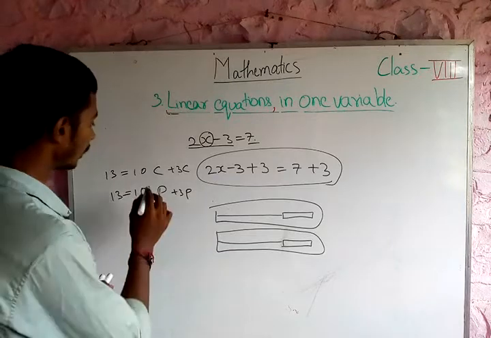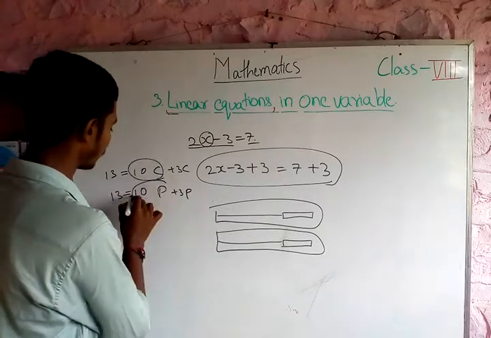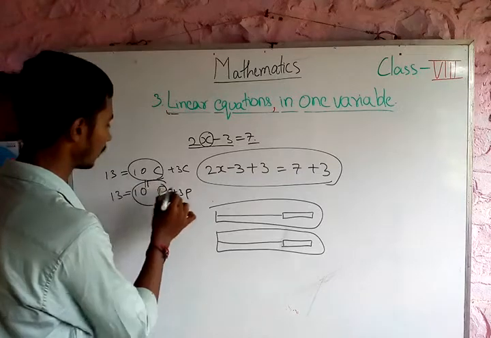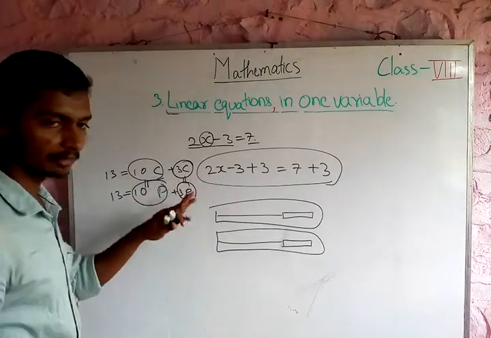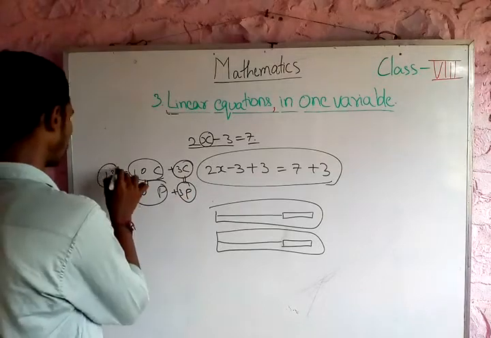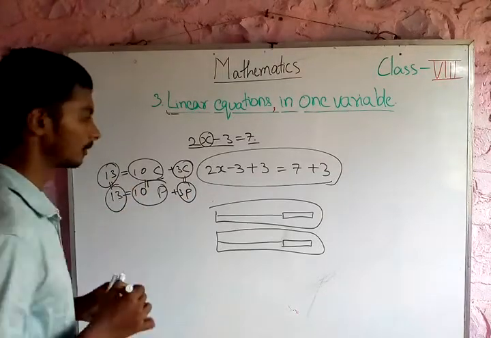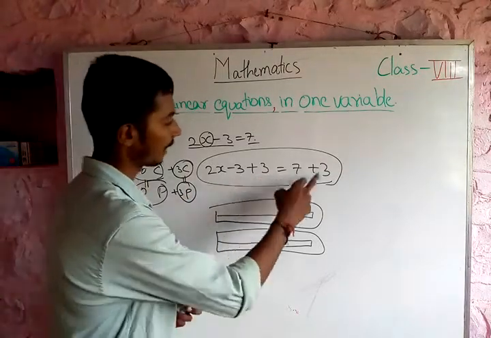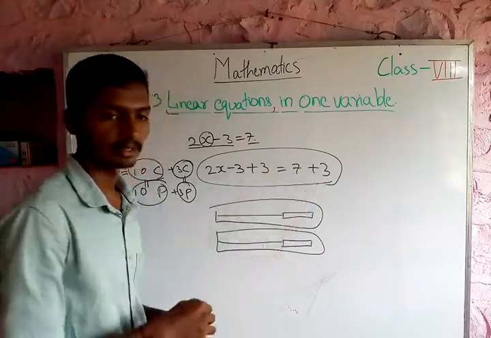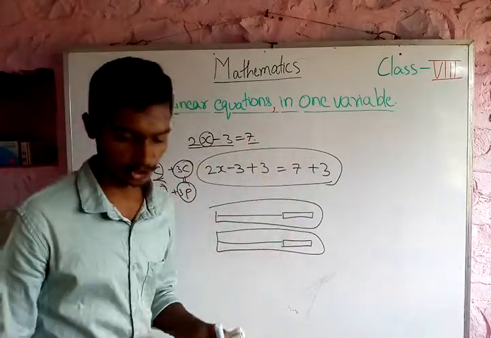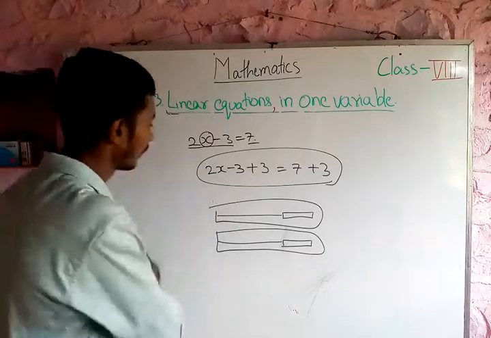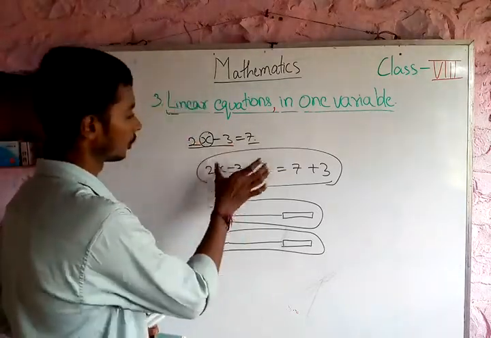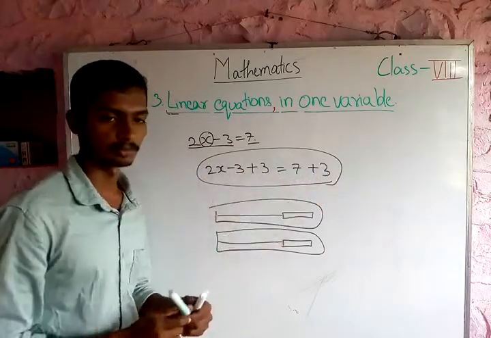So initially they were equal, and I am adding the same amount, equal to the equal, then I am getting an equal thing. So if I add the same number on both sides, then the whole equation won't change, it will be again the same. That is, this will be equal to this.